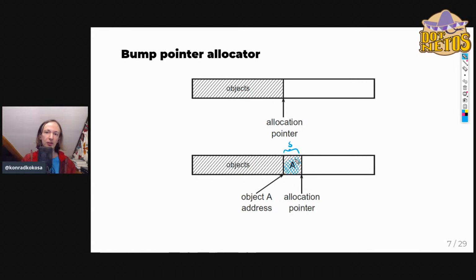We need this for safety reasons, to return an object with space that is zeroed and doesn't contain garbage from the things that were living there before. But this zeroing is a cost, because we need to fill a given number of bytes with zeros, which is maybe not a big overhead if the object is small, but the bigger the object, the bigger the overhead.